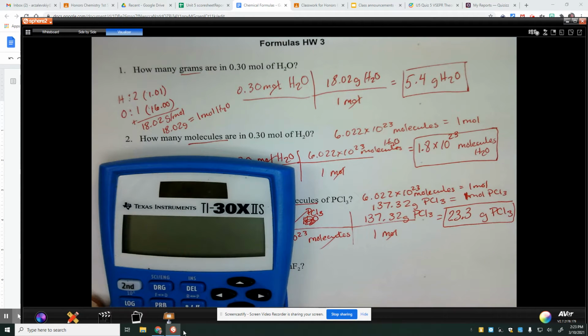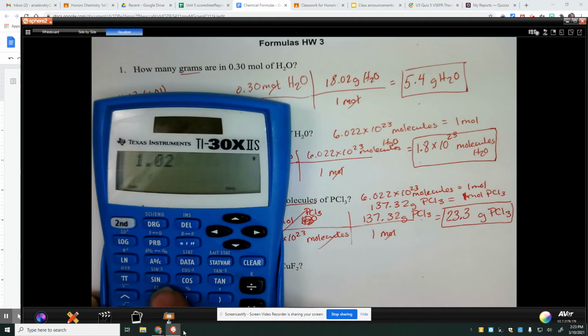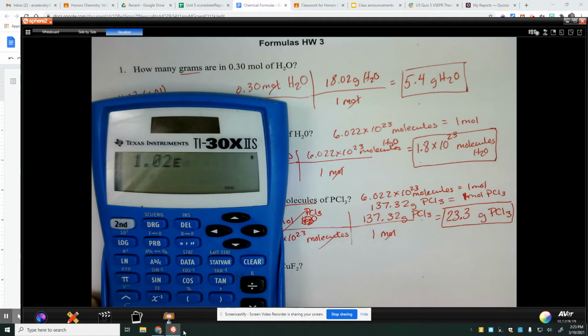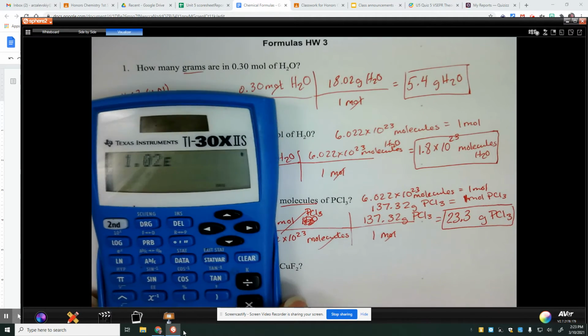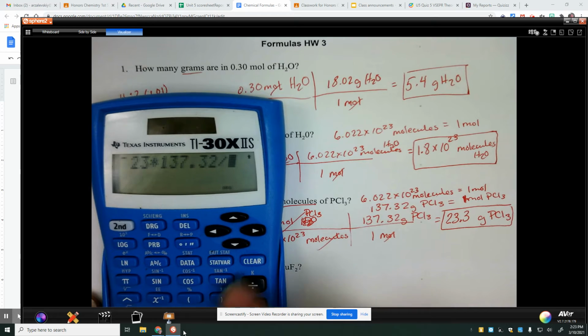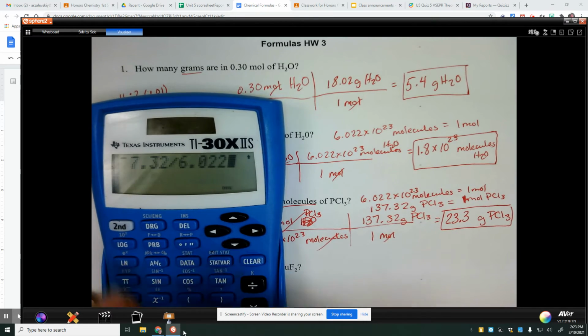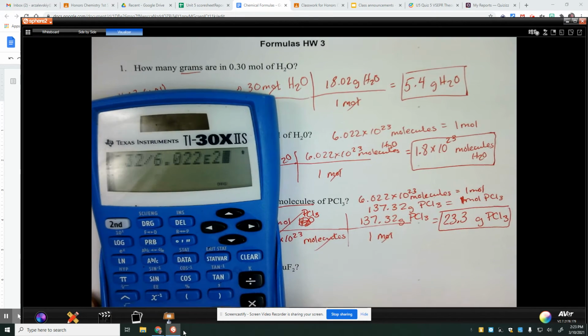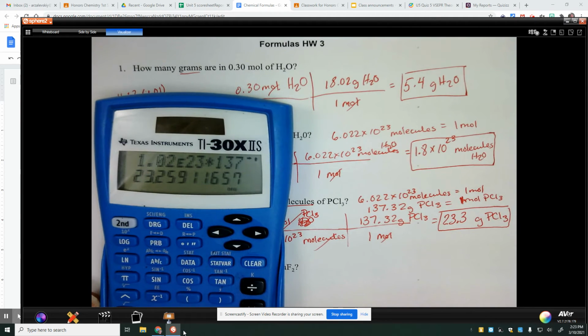So it is 1.02, second, and then I'm going to hit this EE button here. And what do I have here? 23. Okay. Times 137.32 divided by 6.022 E23. And there's that answer there.